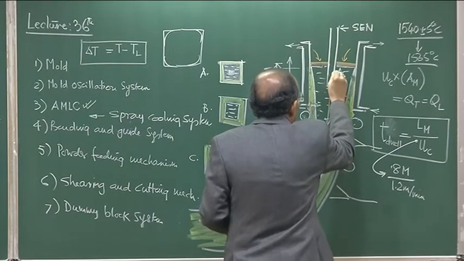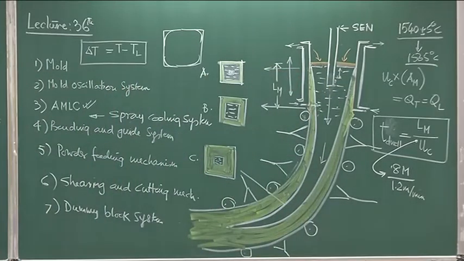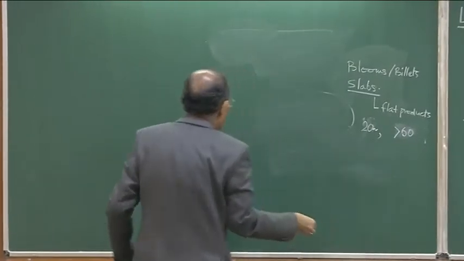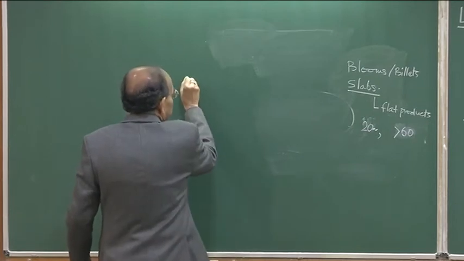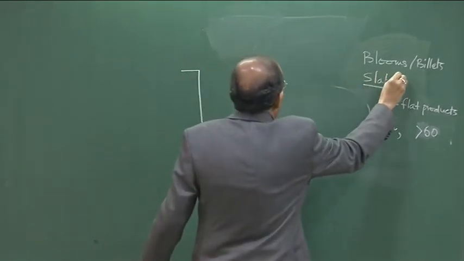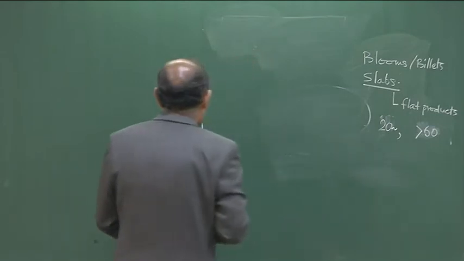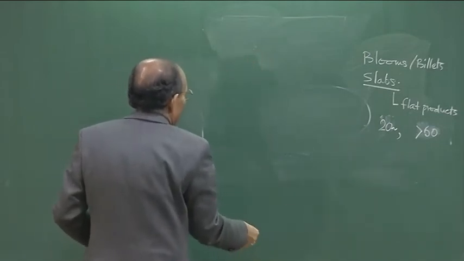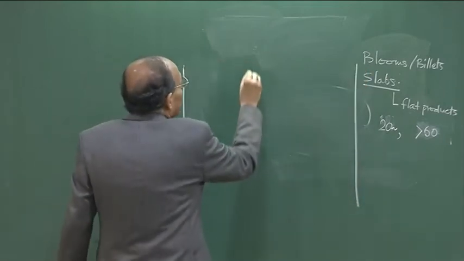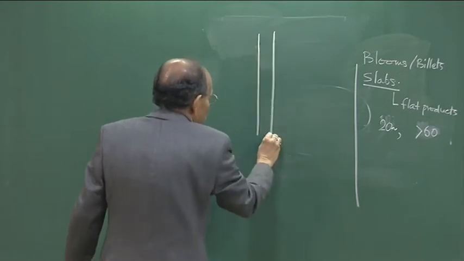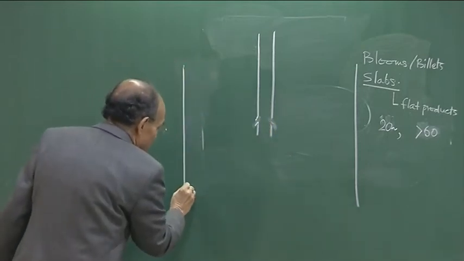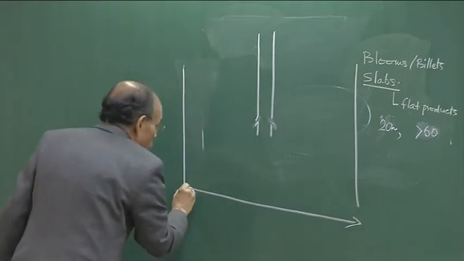This is the narrow face one, and if you look at the wide face, the mold will look something like this. So now the SEN will look like this. So, this is the SEN, this is the wide face.